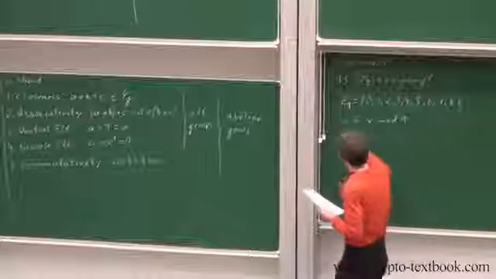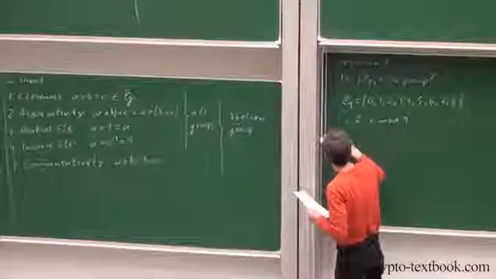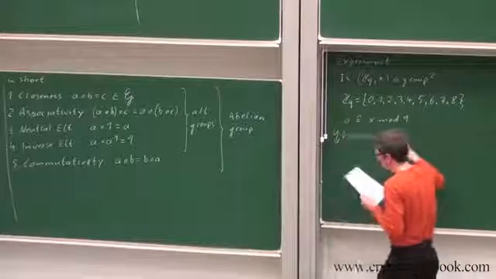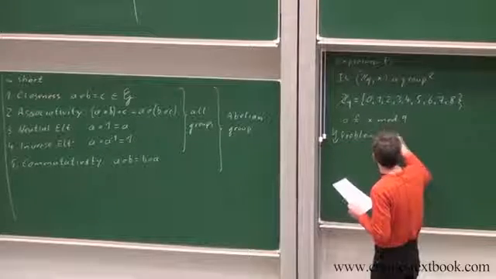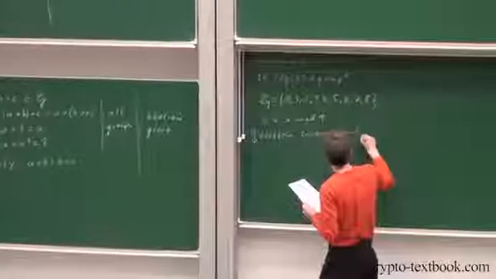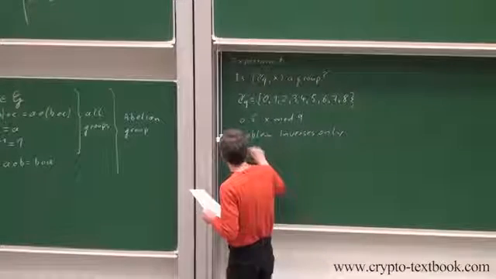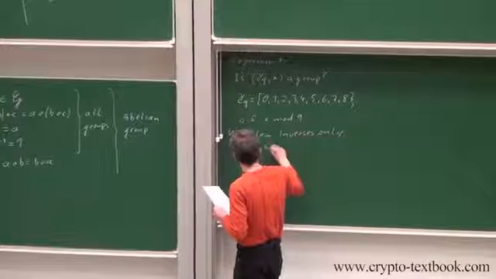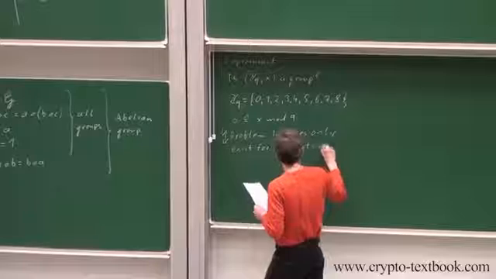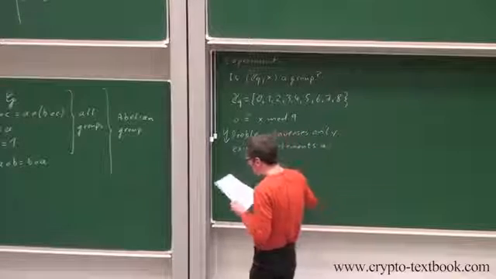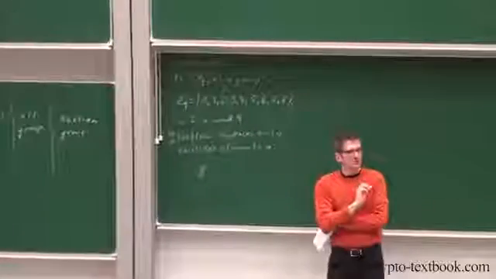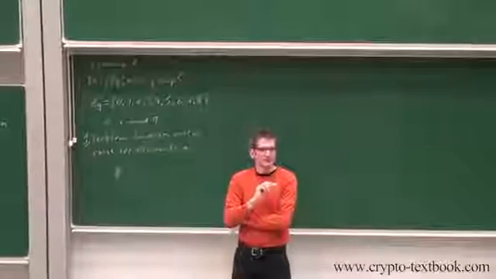The problem: inverses only exist for elements a which fulfill what? What is the requirement so that an inverse exists?